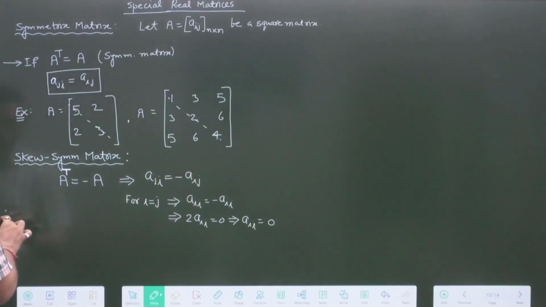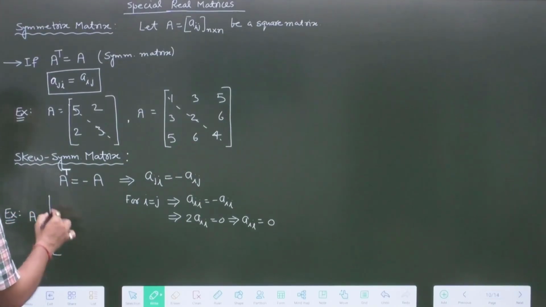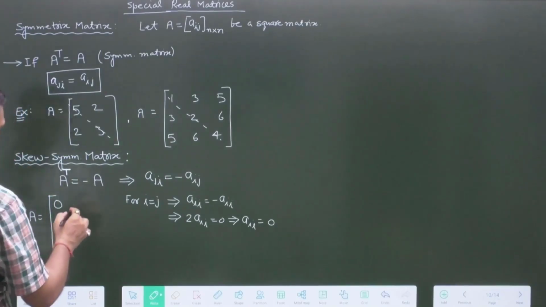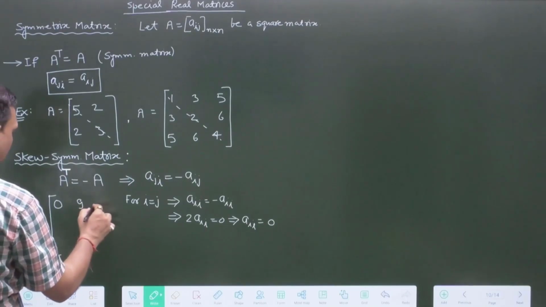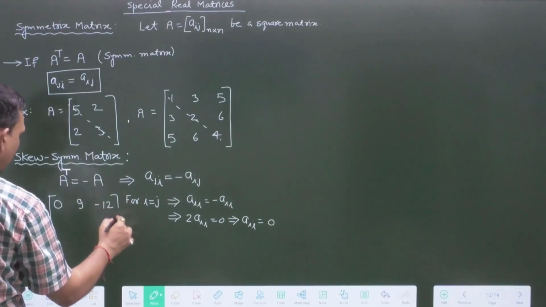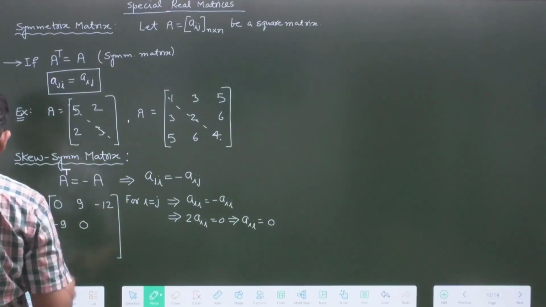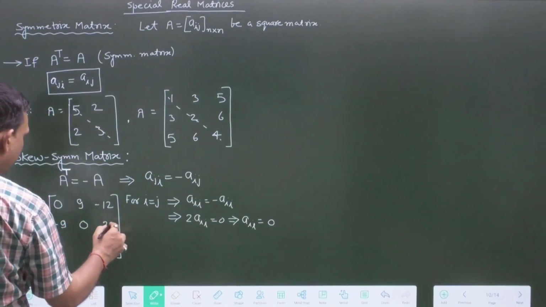So for an example, I am taking a 3 cross 3 matrix. The main diagonal elements must be 0, so let's say this is 0, 9, minus 12. So this will be minus 9, 0, and this is 20.